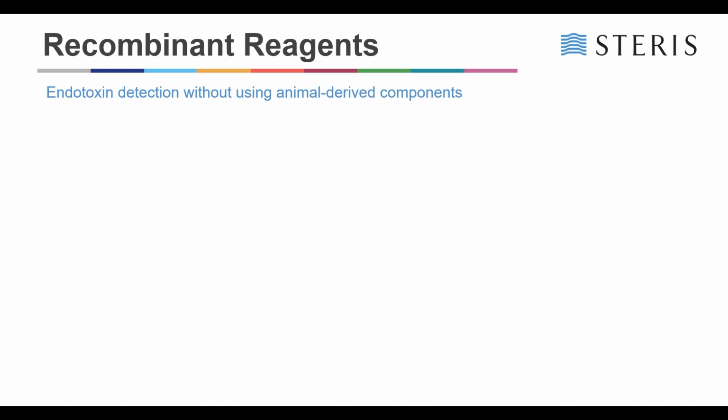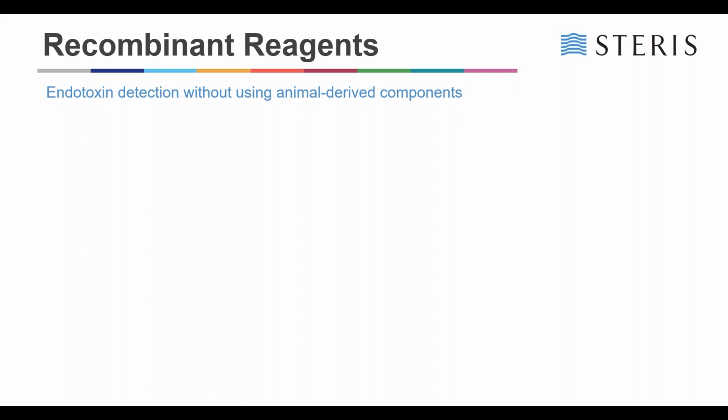So lastly here, we have history of the BET with a legacy of animal-based testing. This has kept patient safety as top priority, but the future looks for an endotoxin test without the animal portion, which brings us to this slide here on recombinant reagents.